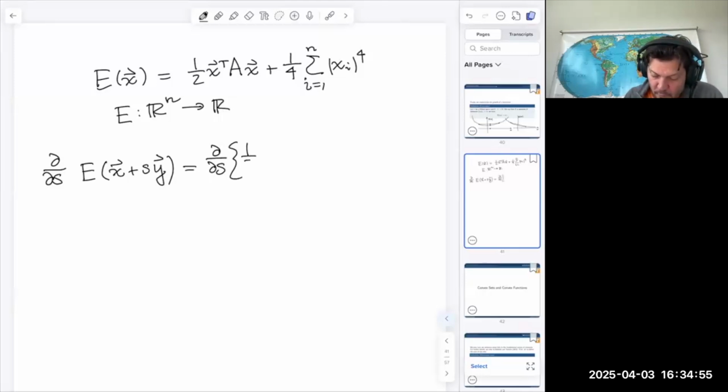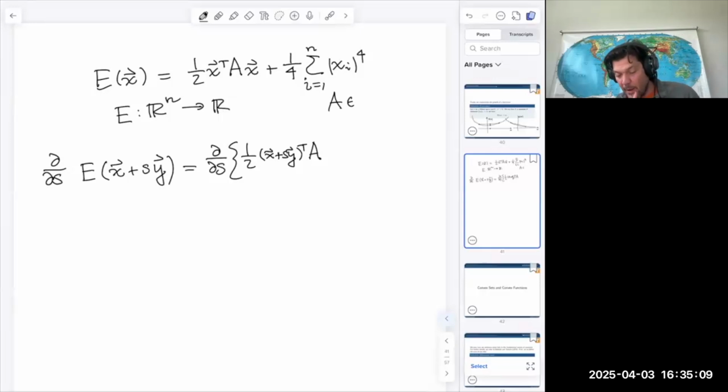All right, so we have 1/2 (x plus sy) transpose A. For the moment, let's assume A is just a matrix with n rows and n columns.